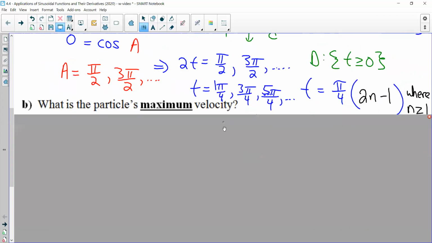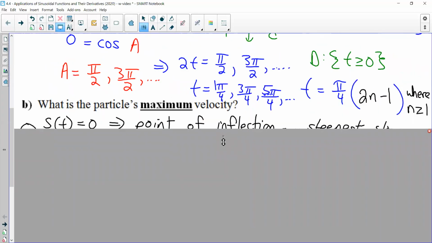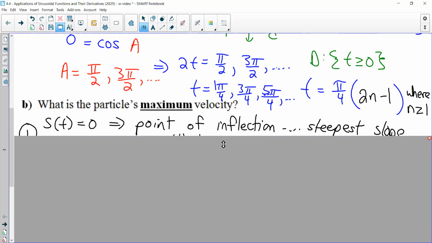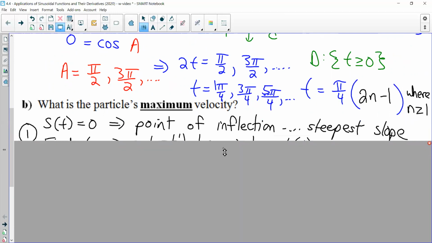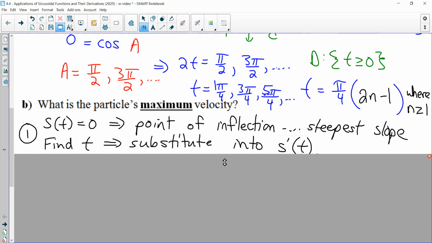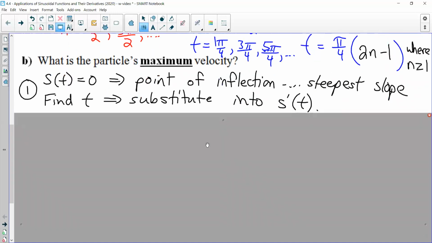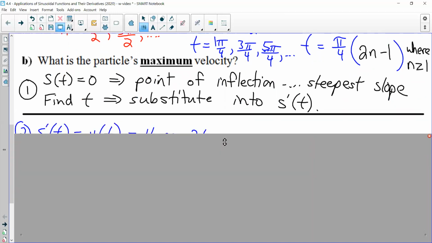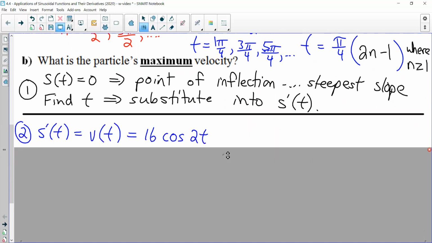So you can find the points of inflection on the displacement function. That's one way to do it, so the slope of the tangent would be steepest at that point. And then find t and substitute into the derivative, right?